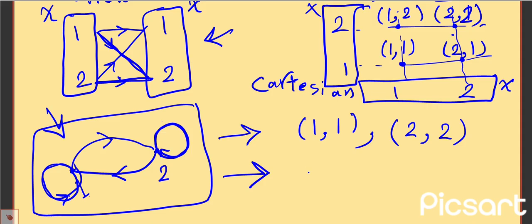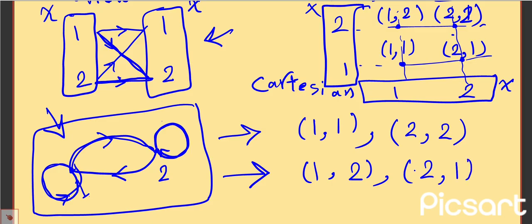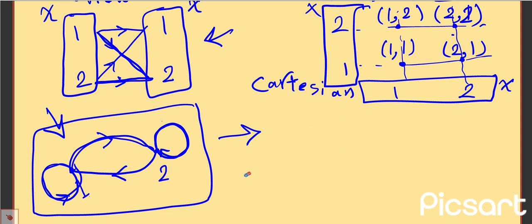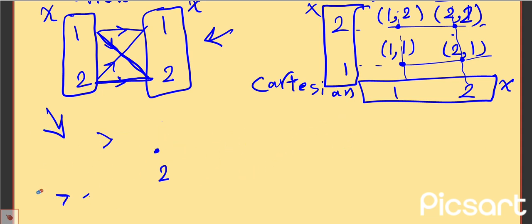Yes, continue. And then 1 and 2, because the arrow comes from 1 and goes to 2. And then 2 and 1. Excellent. Okay, let's check your understanding. Do you understand?